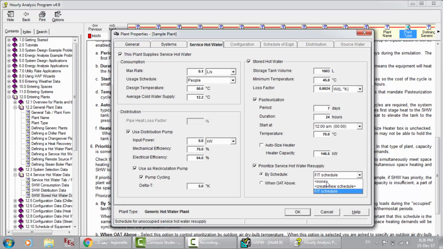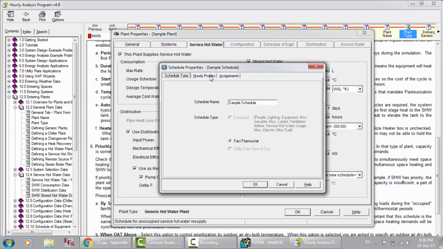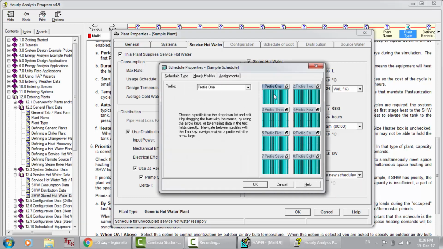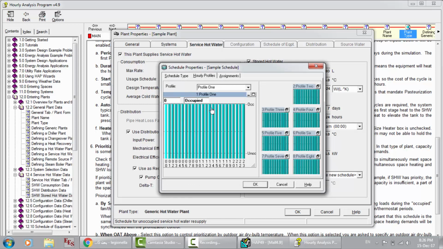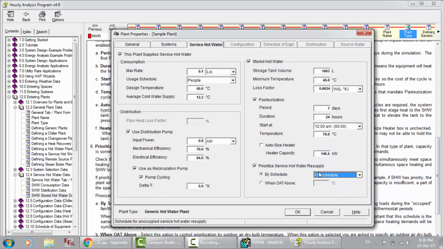Okay, like we have here occupied. If it is unoccupied, the service hot water will be used. If it is occupied, it will be used for the central heating. Okay.